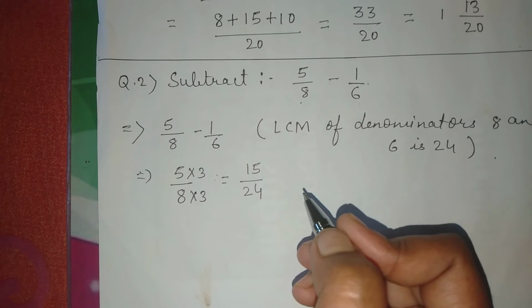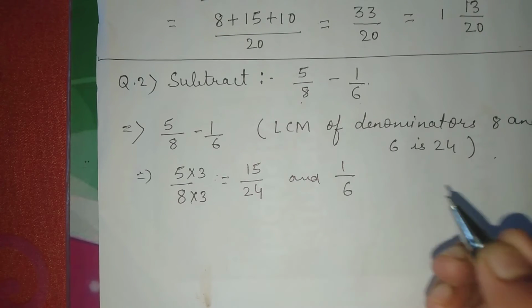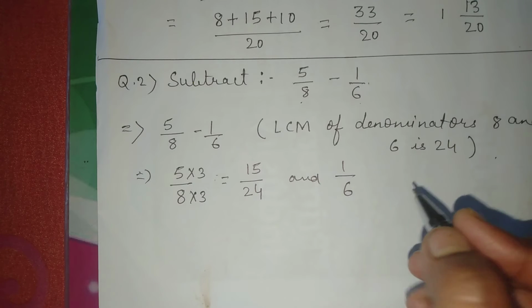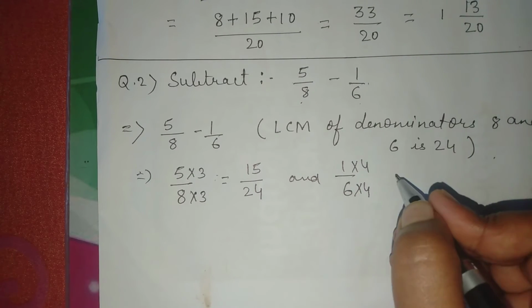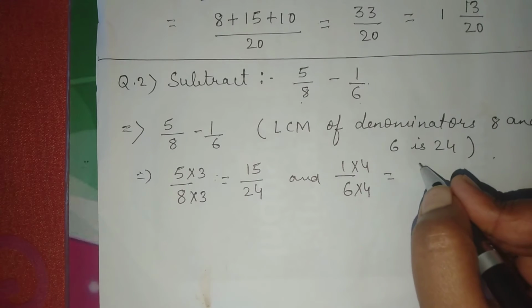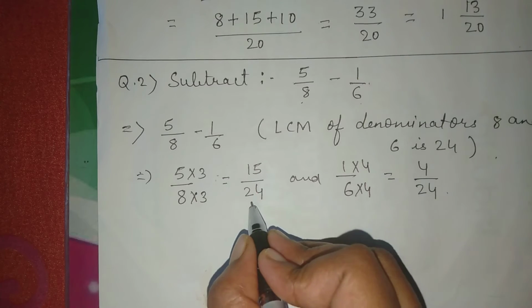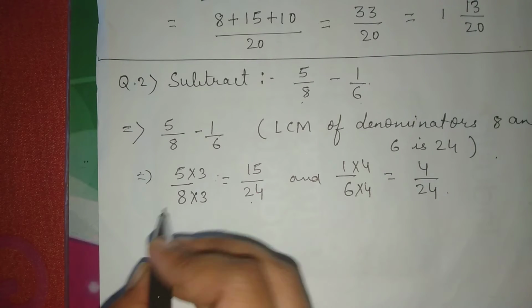Okay, now we'll see the next one, 1 by 6. Now in the table of 6 where we get 24, 6 fours are 24, and up also we will multiply by 4. What we will get? We will get 4 by 24. Now check once, both denominators are the same.